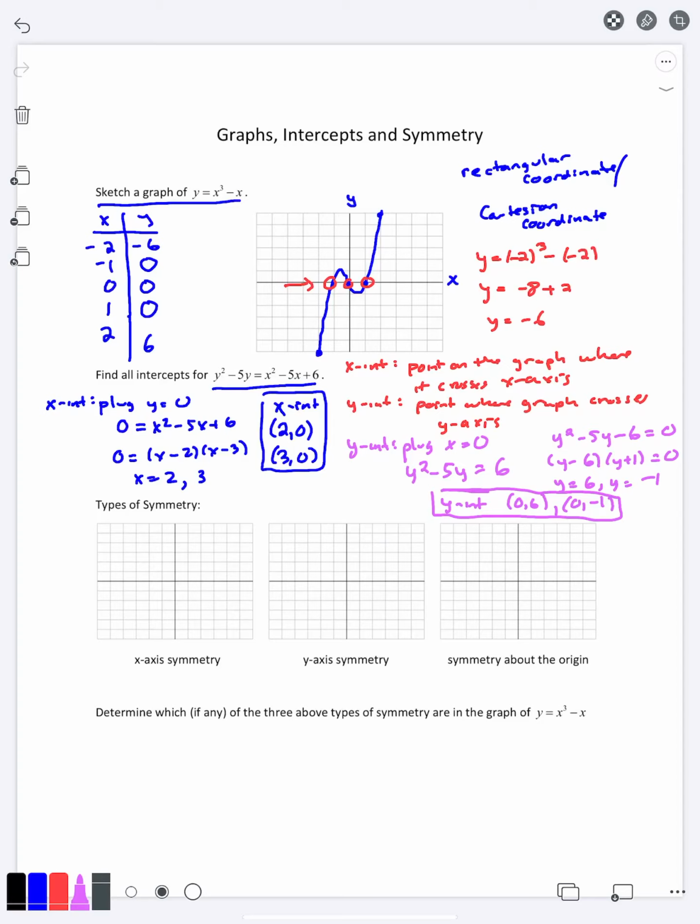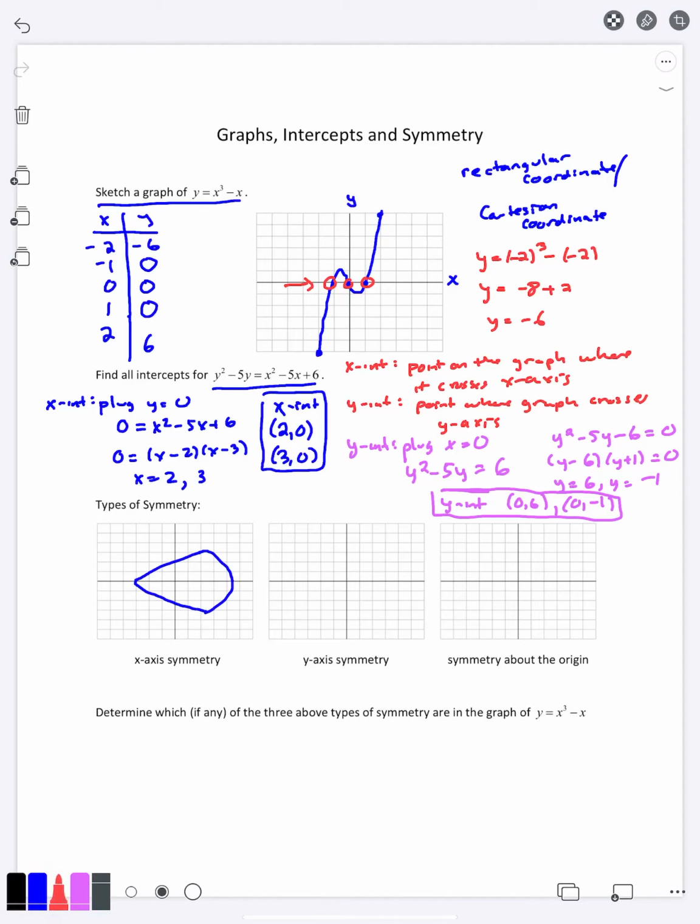And there are lots of different varieties of symmetry out there, but at this point in time, we're only going to study three of them: x-axis, y-axis, and origin symmetry. So the idea of x-axis symmetry is that whatever shape you have on top of the x-axis, you are going to have the same shape on the bottom of the x-axis.